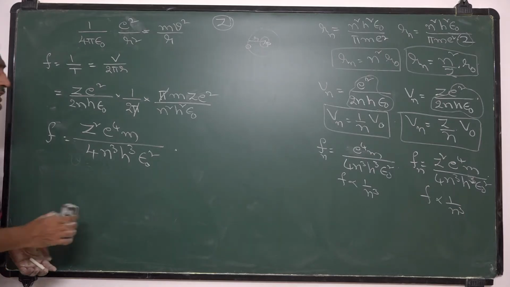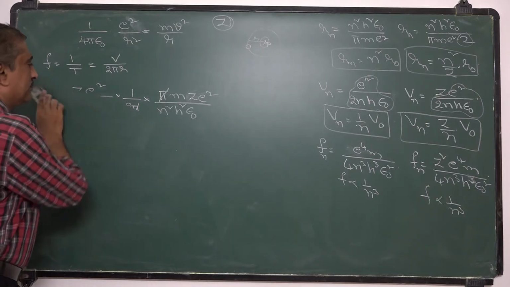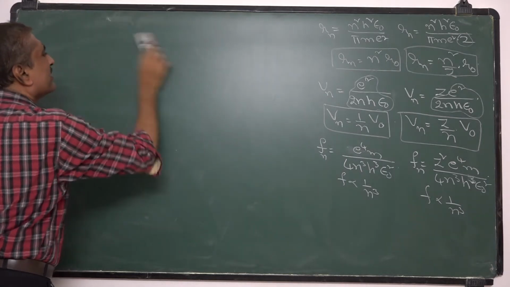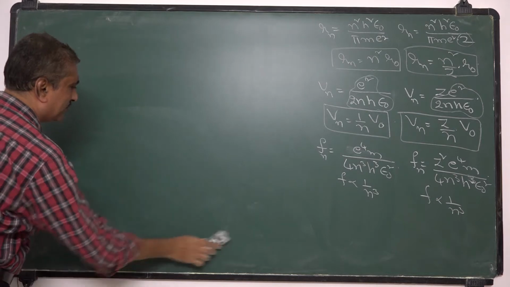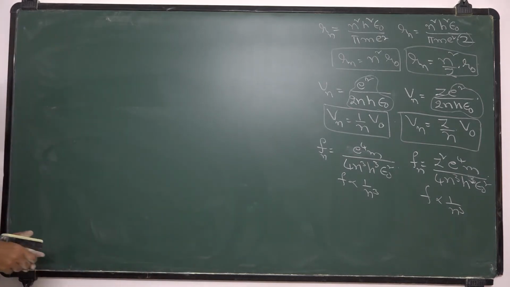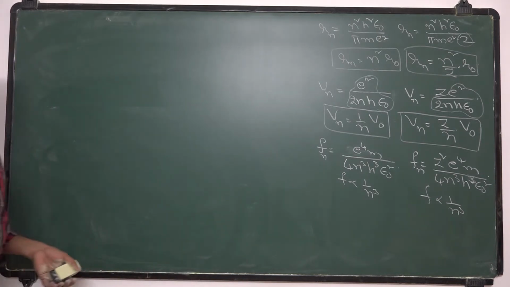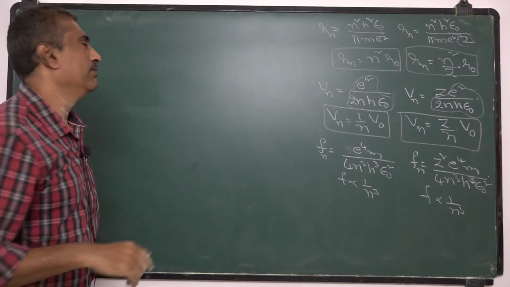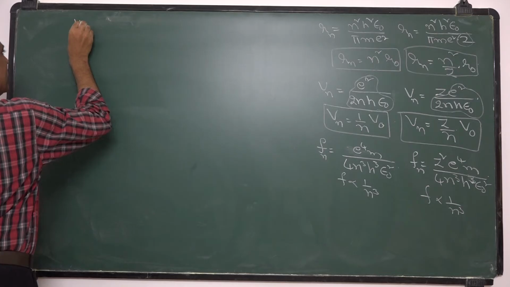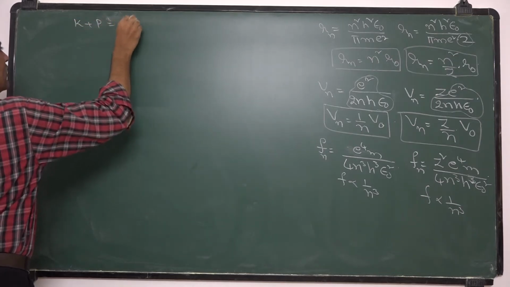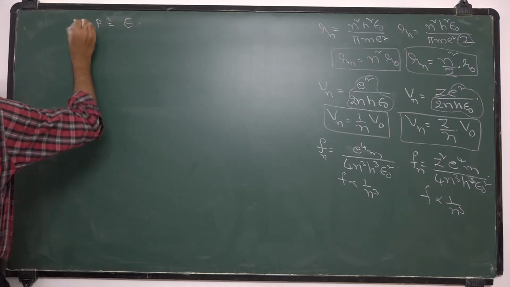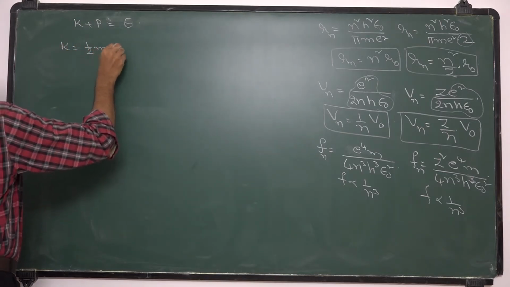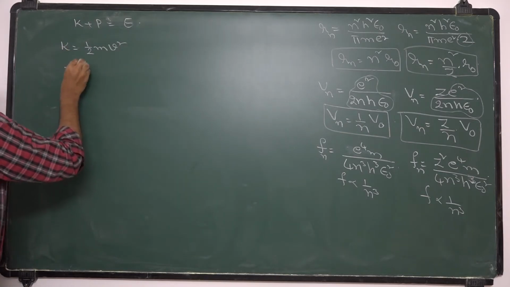Now the energy of the electron. As we know, the orbiting electron possesses both kinetic energy and potential energy. So kinetic energy KE plus potential energy PE is equal to total energy. So now first calculate kinetic energy. So kinetic energy is equal to half m v square.